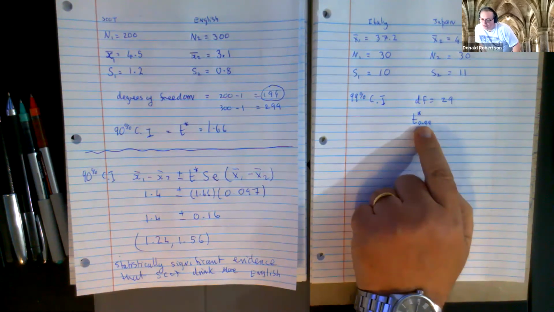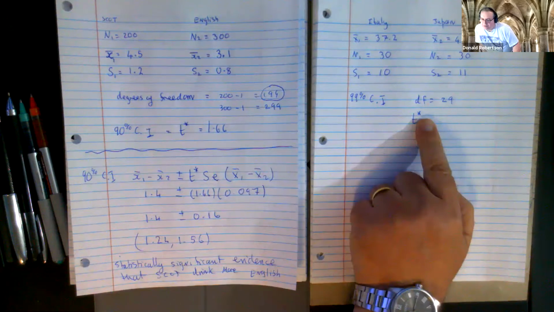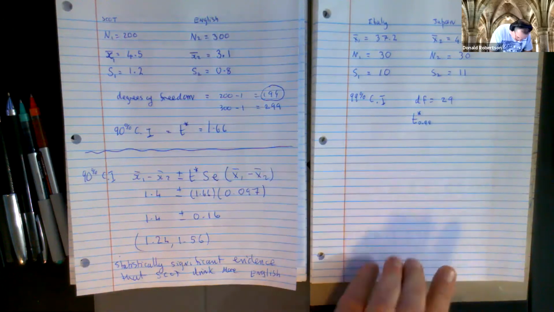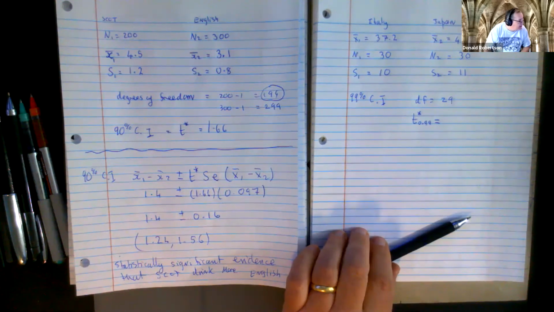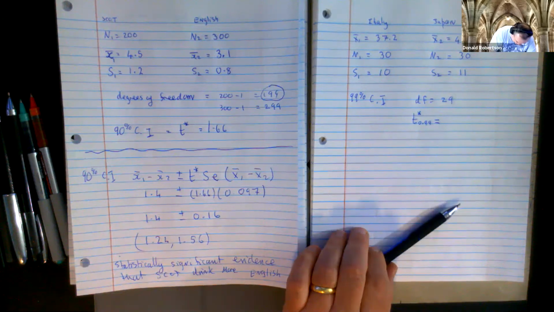This textbook just calls everybody T-star, but you will see that in some texts. A 99% on 29 degrees of freedom is 2.76.